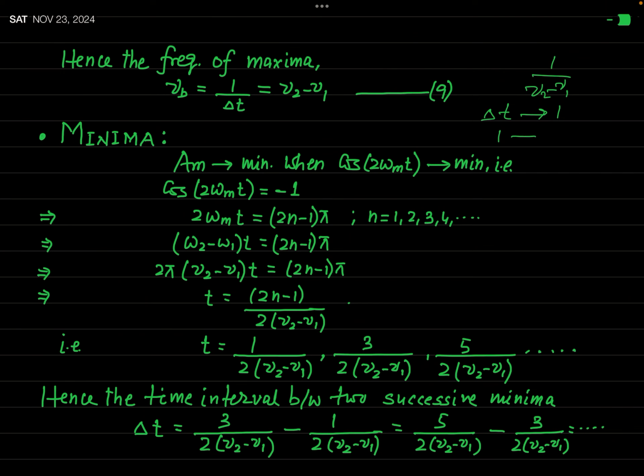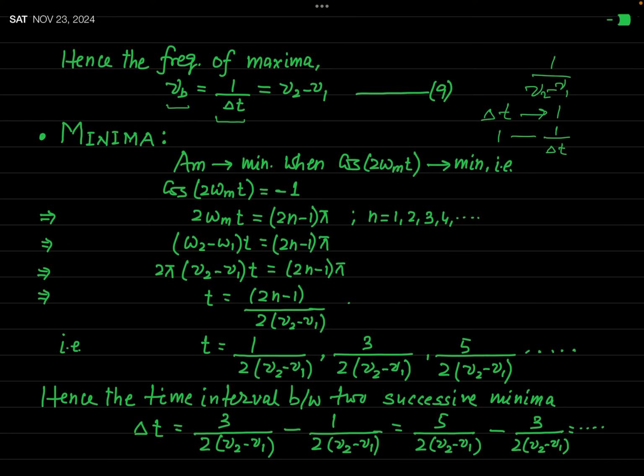So in 1 second, how many maxima will be produced? This will be 1 by delta t. And the number of maxima produced per second is called frequency of maxima. That is denoted by the symbol nu b. And so nu b will be equal to 1 over delta t.